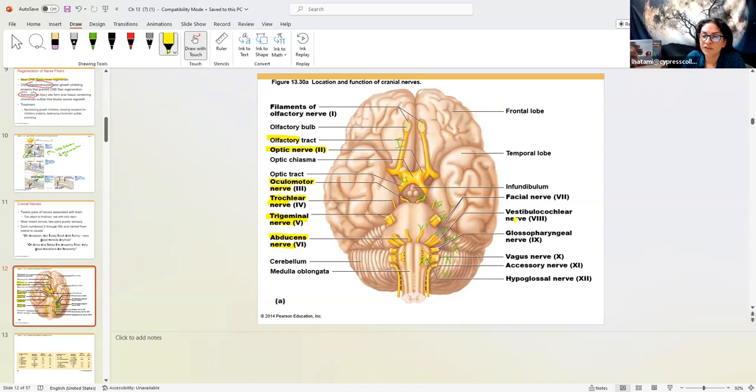We have cranial nerve number 7 or facial nerve. Number 8 or vestibulocochlear nerve. Number 9 or glossopharyngeal nerve. Number 10, vagus nerve. Number 11 is the accessory nerve, and 12 is the hypoglossal nerve. You should know their specific names. You should be able to find them in a picture or model, and you should know their function.